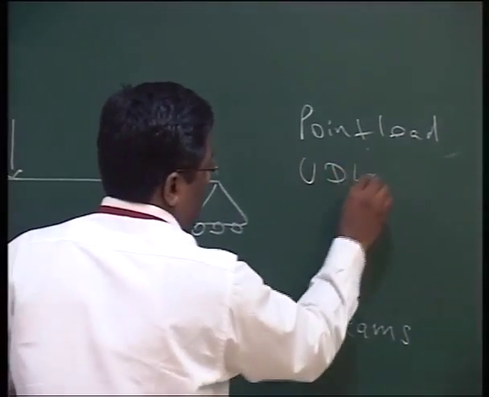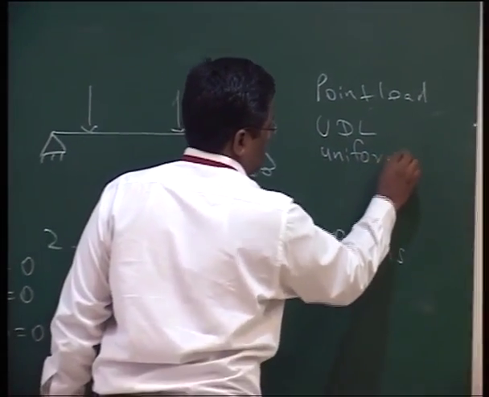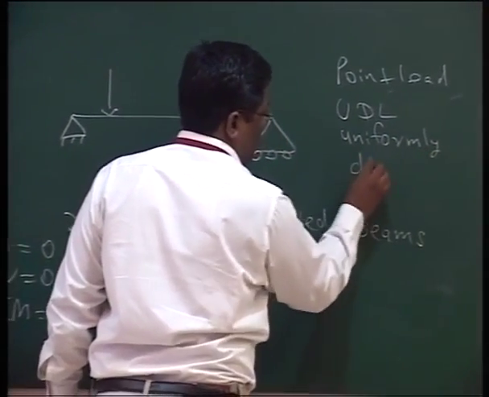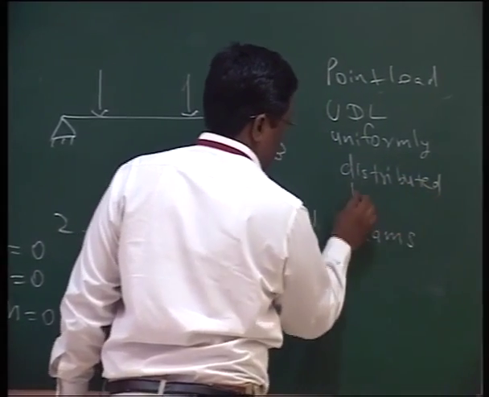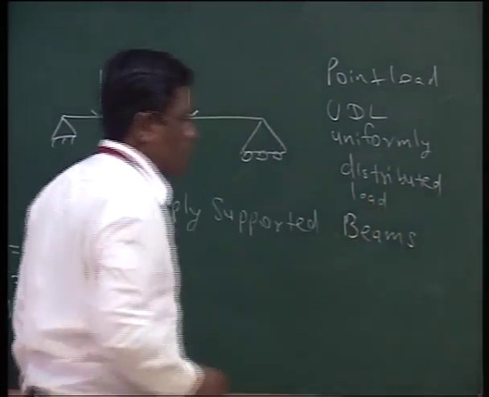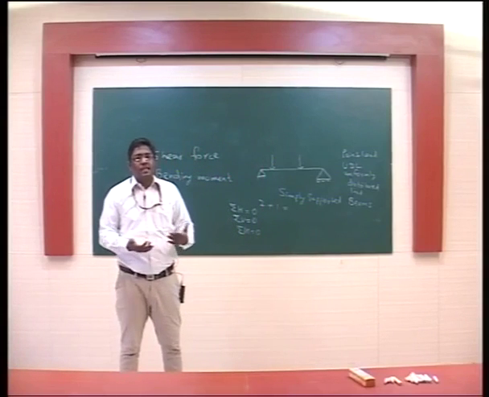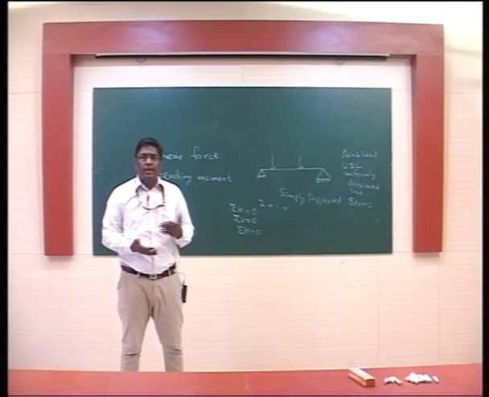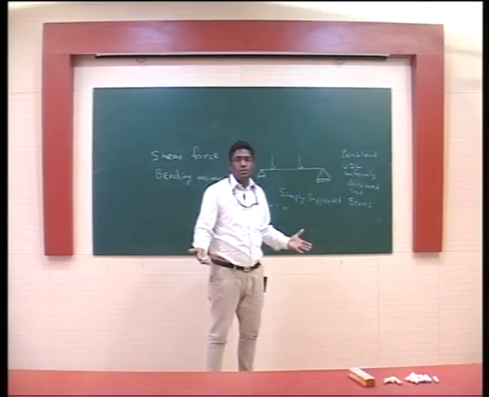UDL. The full form of UDL is uniformly distributed load. For example, all the types of load which we see in our house, like flooring, like roof, every load is scattered on some sort of area.